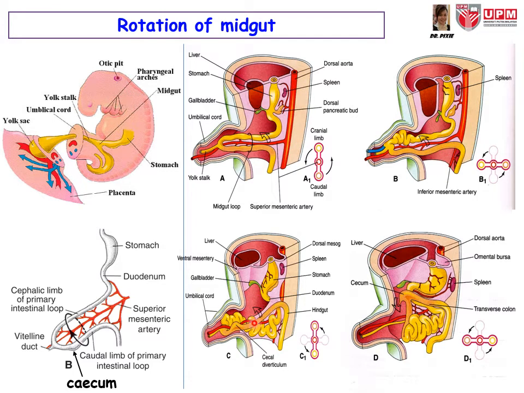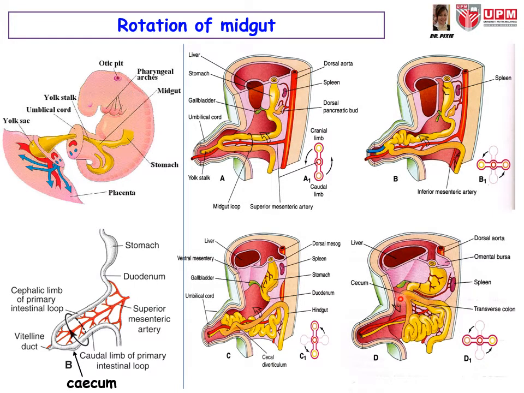Following that, as the large intestine starts to re-enter, which means the left limb or the caudal limb, when it re-enters, it undergoes another 90 degrees of rotation. And when the caudal limb returns, the last structure that returns to the abdominal region is the cecum.